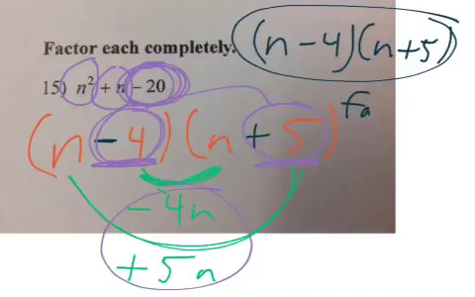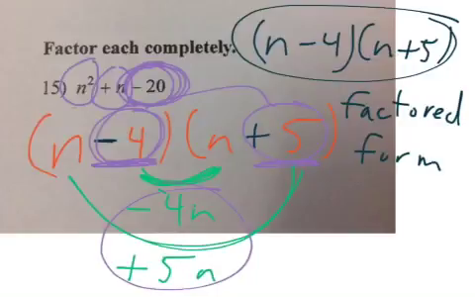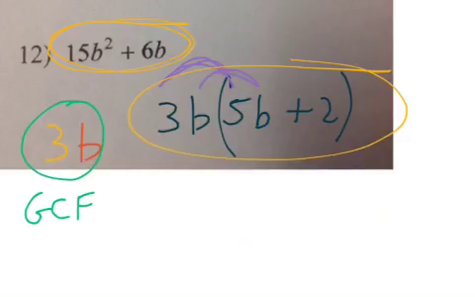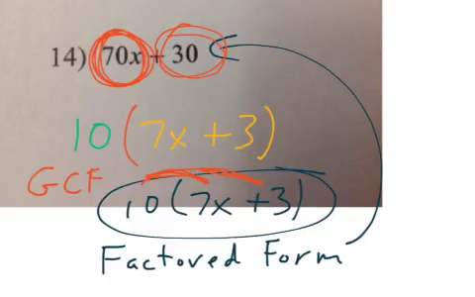This is, again, what we call the factored form of what we started with right there. Okay, so pause the video and make sure you understand the difference between this problem and the previous two problems where we did a GCF.